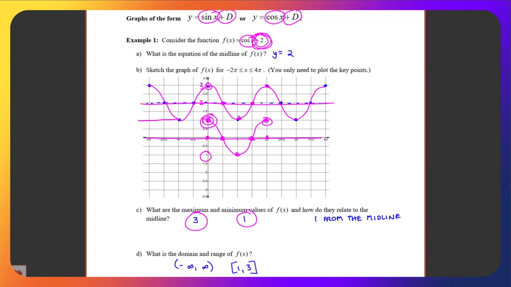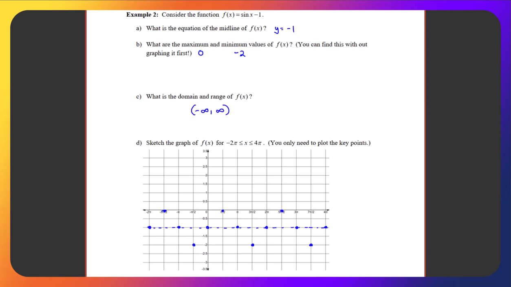Which is right here. The minimum is above the x-axis, which is here. The domain left and right goes on forever. The new graph, the bottom is at 1, and the top is at 3.